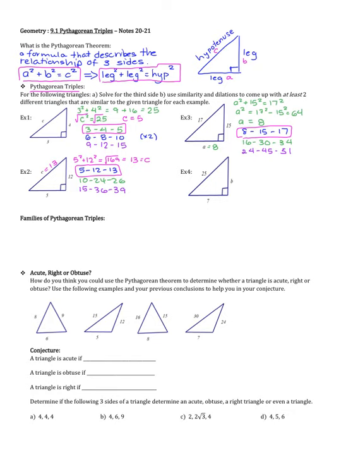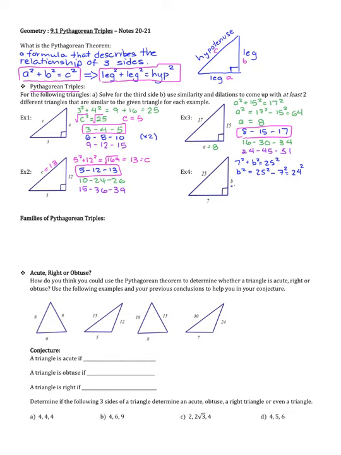And then the last one I'm going to talk about, although there are an infinite number of Pythagorean triples. So again, we have the hypotenuse and one of the legs. So I know that 7 squared plus b squared is going to be 25 squared. So b squared will equal 25 squared minus 7 squared. And I'm just going to let you know that that's going to equal 24 squared.